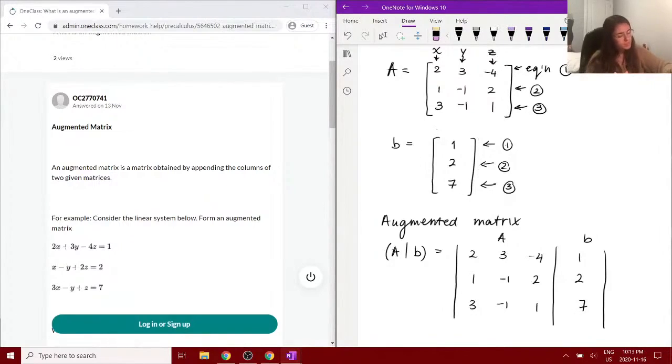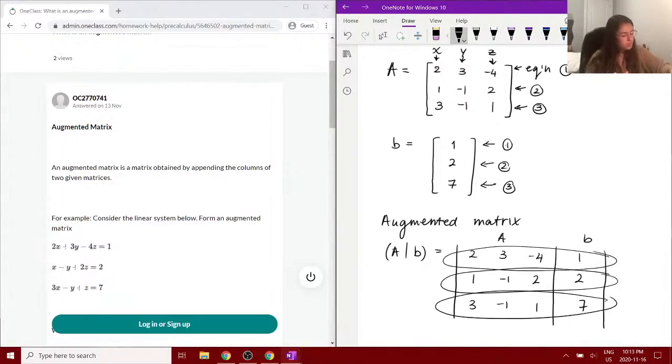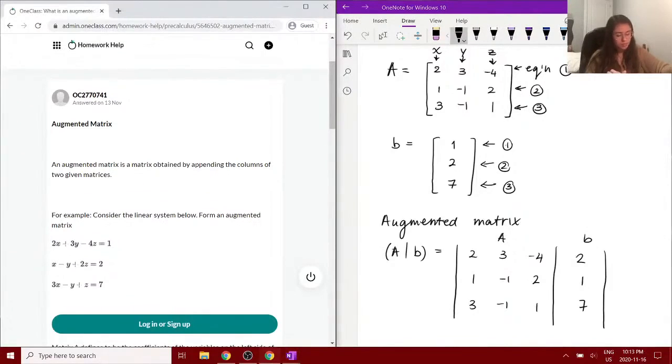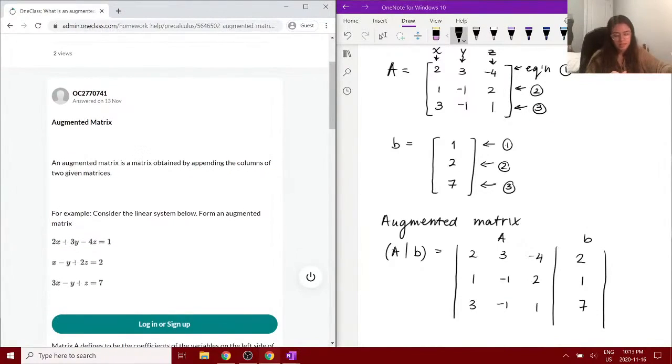And that's basically it. You can see here that each row represents each equation. Make sure that it's properly lined up so that you have the proper terms. Make sure that, for example, it's not 2 and 1 in your B matrix, because as you can see on this side here, that would be lined up with the wrong equation.